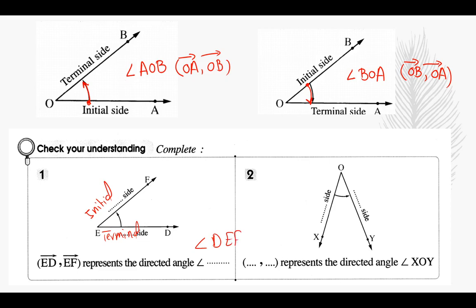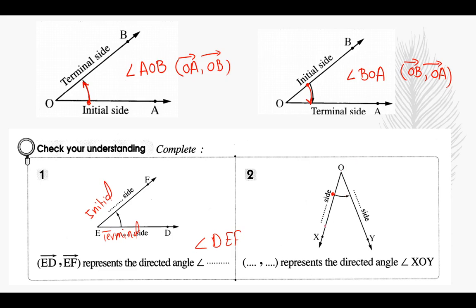In figure 2, here the angle is called angle XOY. Look at the direction of the arrow. Here, this is the starting point, and this is the ending point.